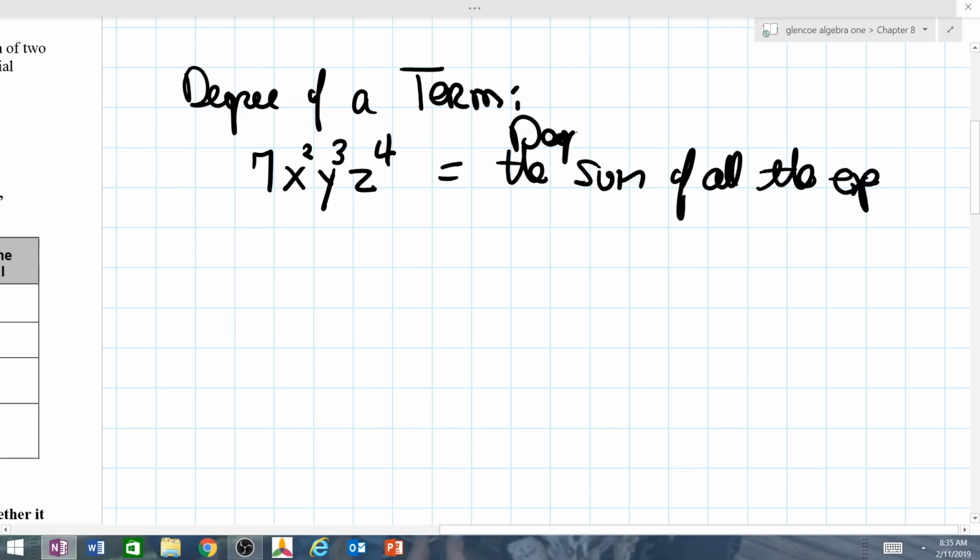So the degree is the sum of all the exponents. So that would be 2 plus 3 plus 4, which would give me 2 and 3 is 5, and 4 is 9. So the degree would be 9.